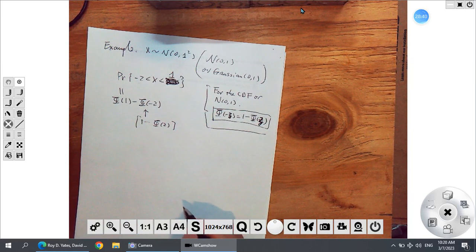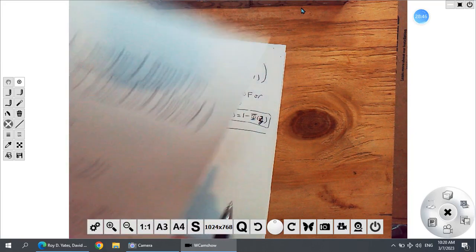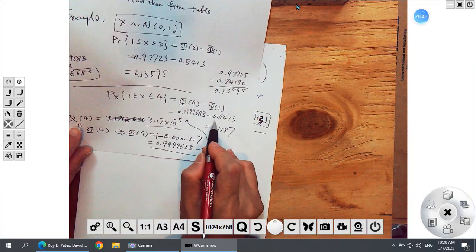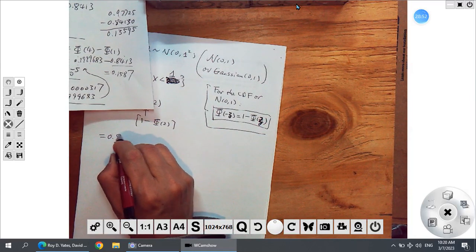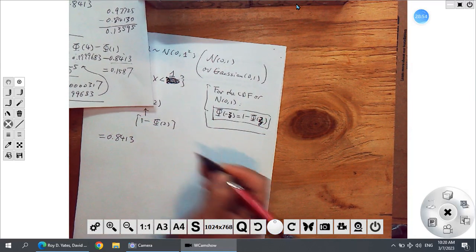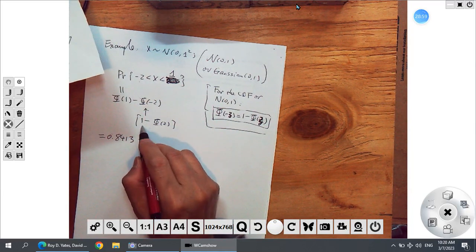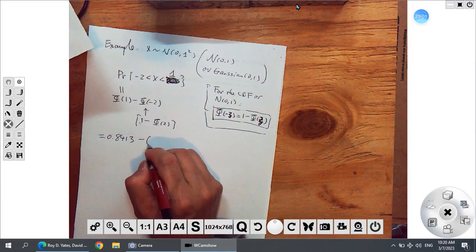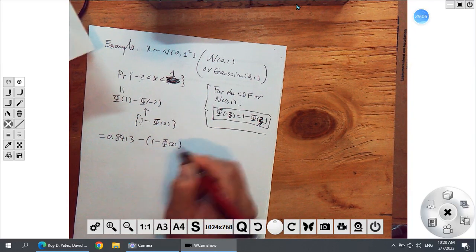Okay, now we can calculate. Phi 1 we already have, right? Let me improve this example. Phi 1 is 0.8413, and minus phi of -2. Phi of -2 is 1 minus phi 2, and phi 2 is here, right?